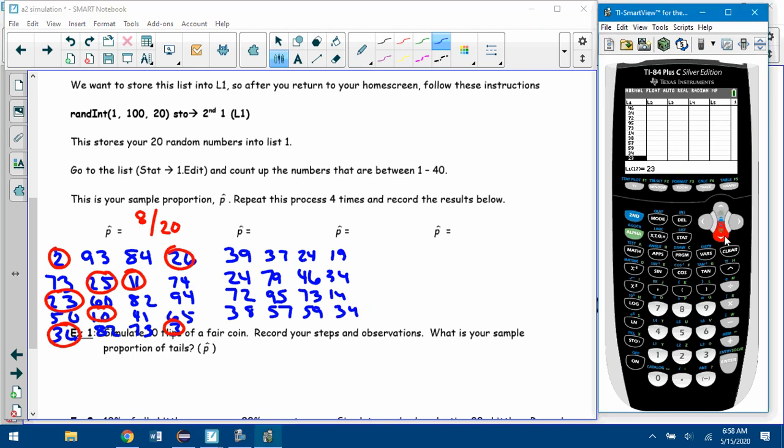And the last one is 23, 20, 8, 90, and 20.